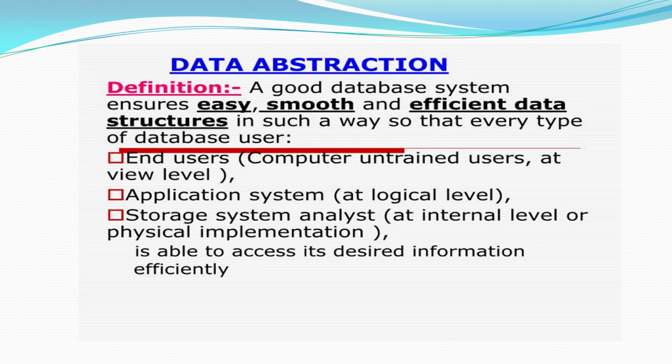A good database system ensures easy, smooth and efficient data structures in such a way that every type of database user, like our end users, who are untrained users, the application system analyst, the analyst who designs the database at the logical level, and the storage system analyst, who works at the internal level or physical implementation of the database, is able to access the desired information efficiently.